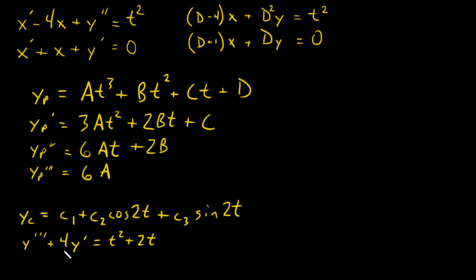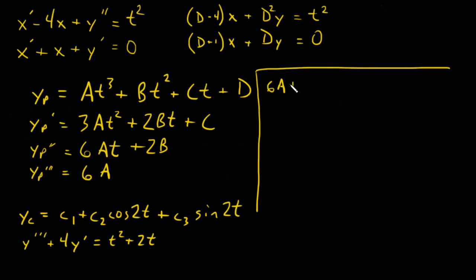I'm going to wind up with, let's see, I think I can fit it in right here. We've got y triple prime, which is just 6a, plus 4y prime, plus 4 times 3a t squared, and then plus, oh, it's times the whole thing, isn't it?